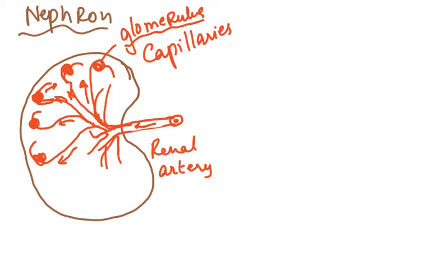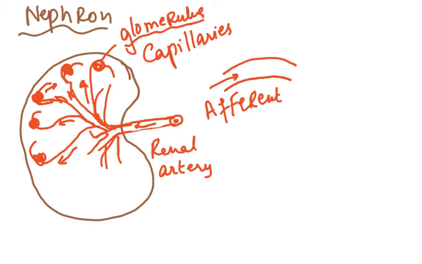And this glomerulus is made up of capillaries. So let's now try to understand this. What we're going to have is the blood vessel which is going towards this glomerulus. So this is the one which is going towards it. Now this will be called the afferent arteriole.